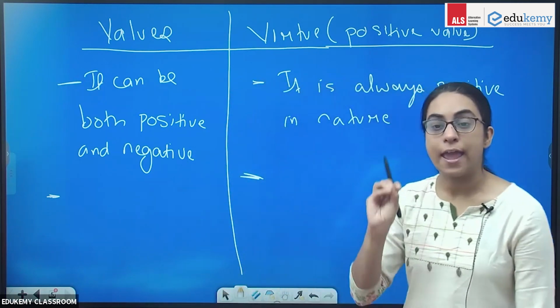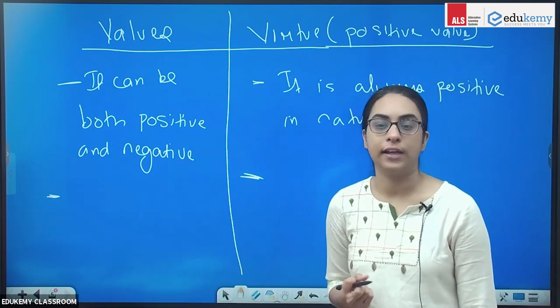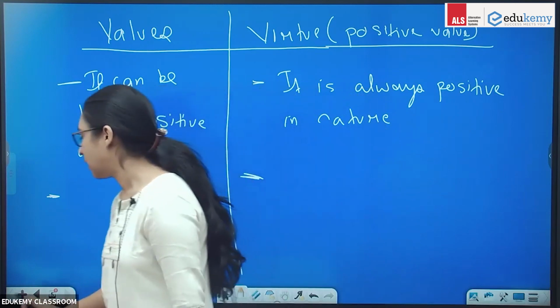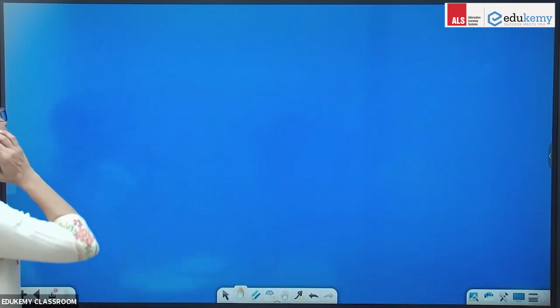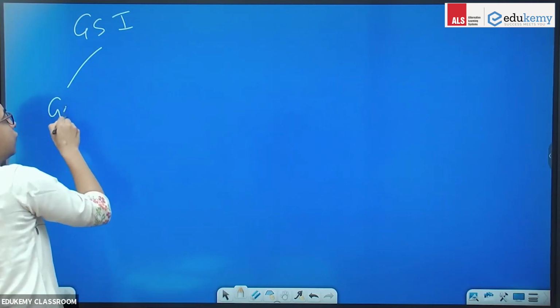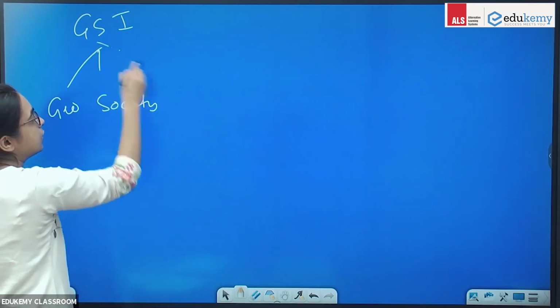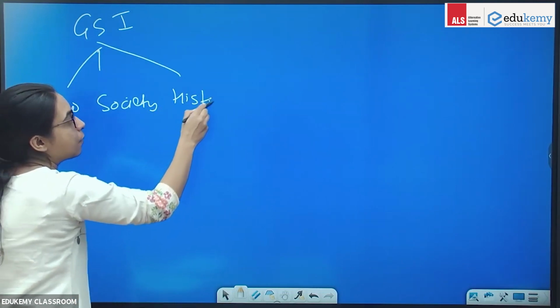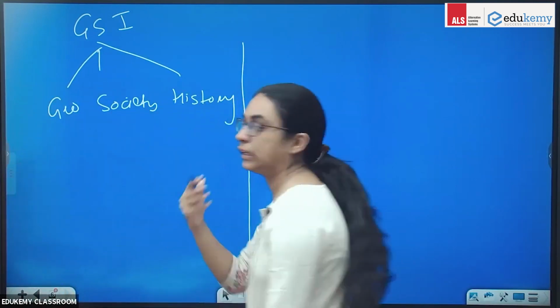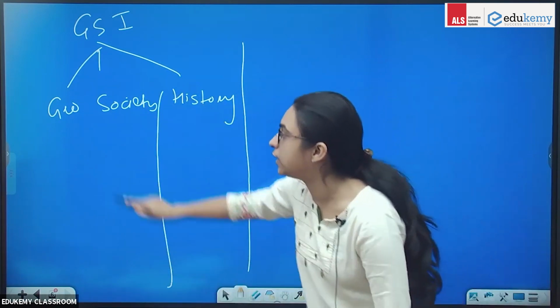Understand, every paper has a particular way of writing an answer. Let's start with GS. In GS1, you have your geography, you have your society, you have history. Every paper has its own vocabulary of writing an answer.